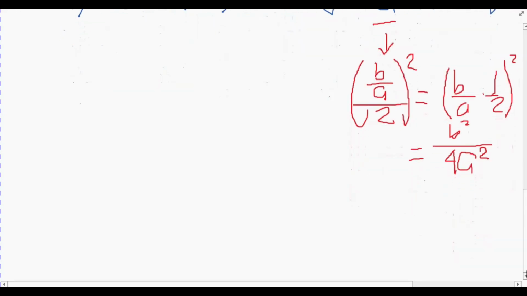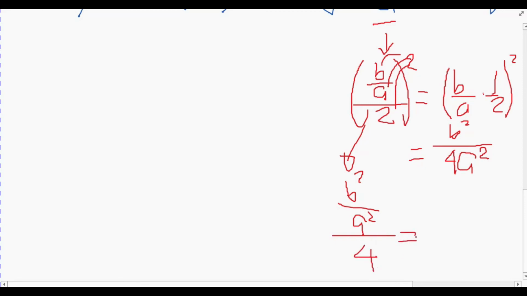Okay, I hope it's clear. Or you can do it in this manner if you want to square directly. This can be solved also in this manner: b squared, because you distribute the 2, then 2 also here, over a squared, and 2 here becomes 2 squared is 4.